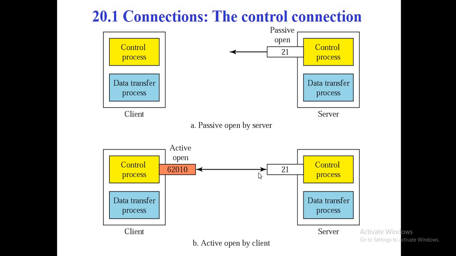Then it becomes an active open. So, when the server waits for a connection, it is called a passive open. When the client initiates a connection with the server on port number 21 and establishes the connection, it becomes an active open.